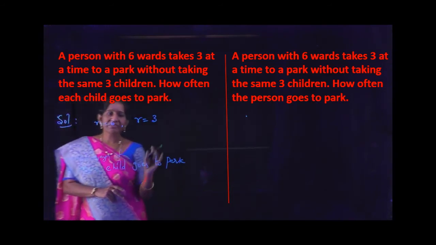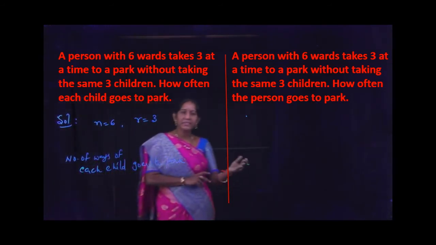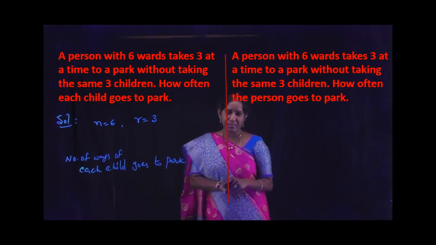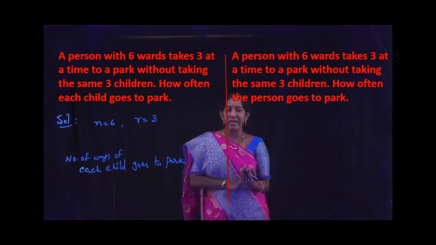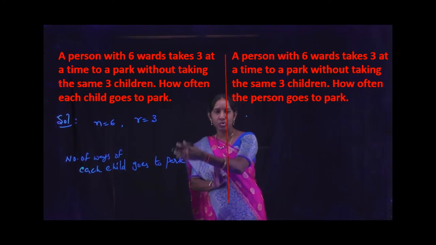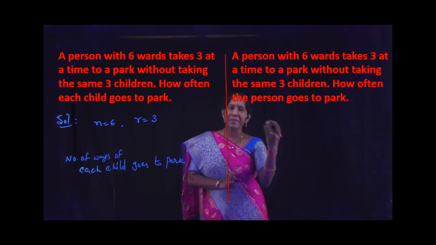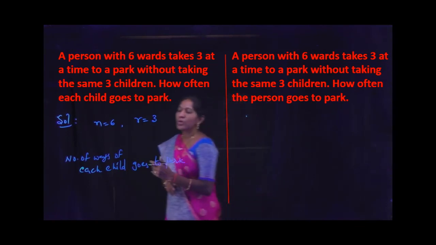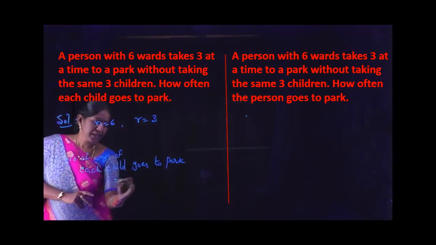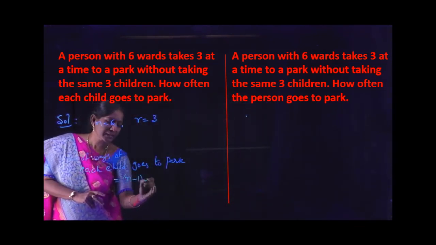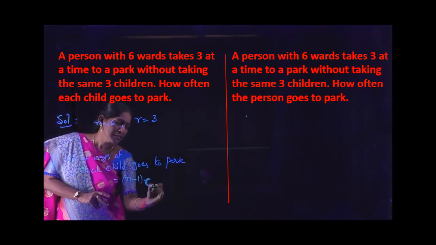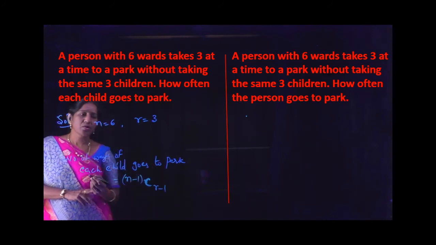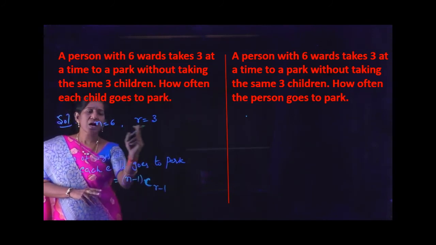That means already 1 child is there. Select 2 more children from the remaining 5 members. That can be done in how many ways? Selecting 2 more children out of the remaining 5 members can be done in 5C2 ways. So by the formula, each child goes to the park in n minus 1 C r minus 1 ways. n is 6, r is 3.